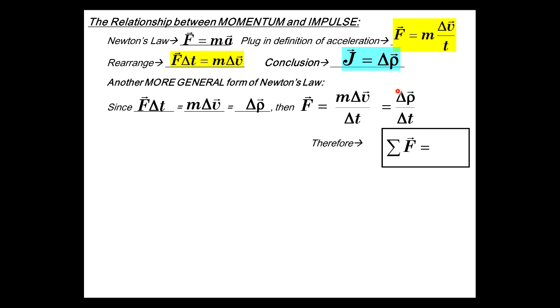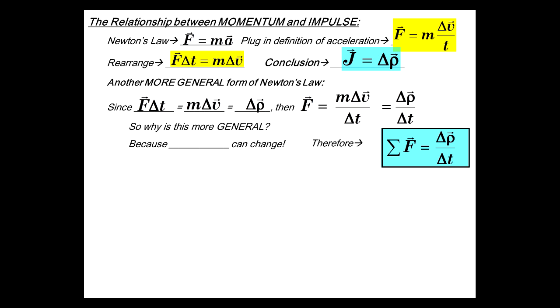Basically it's saying that the time rate of change in momentum equals the net force acting on an object. The rate at which an object's momentum changes is a direct measure of the net force on the object.